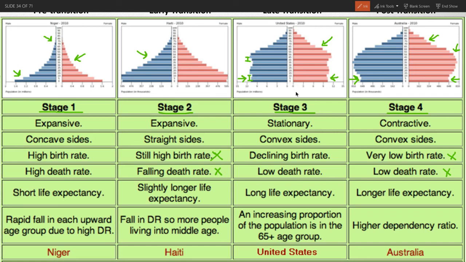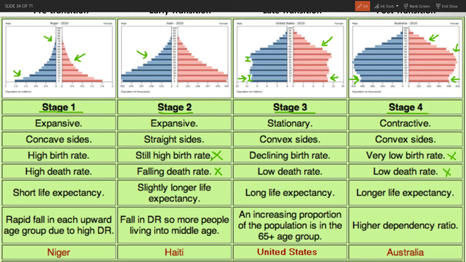Then we get a shift into stage 3, where disease control has already happened to some degree, but also, again, we get birth numbers starting to go down. The birth rate goes down due to changes mostly in the economy and in social aspects of civilization. And finally, we get that pattern continuing where more and more people live to be older, and people are having smaller and smaller families. And therefore, we get into our contracting shape.